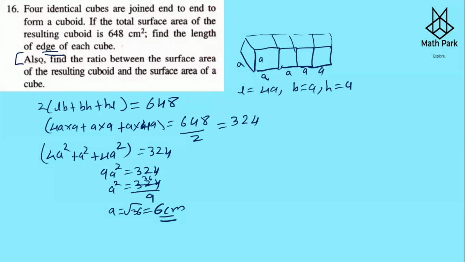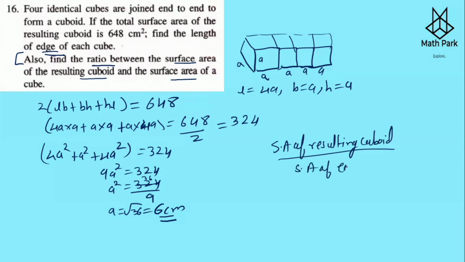Now they have asked also to find the ratio between the surface area of the resulting cuboid and the surface area of each cube. Now surface area of the resulting cuboid is given as 648 and surface area of a cube is 6 side square.